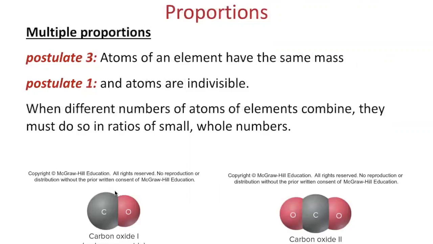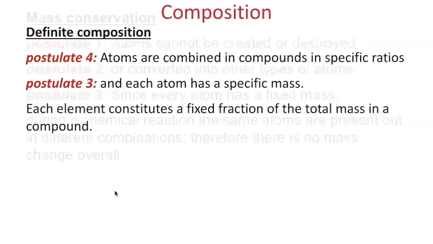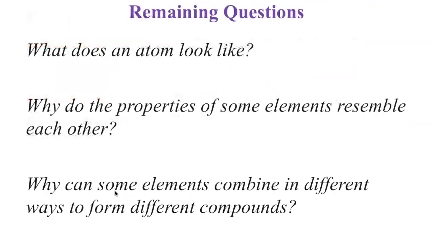Okay, so after all of this, there were some unanswered questions. After this theory was developed, there were questions such as, what does an atom look like? Why is it that sodium and phosphorus, even though they're different elements, have similar properties?